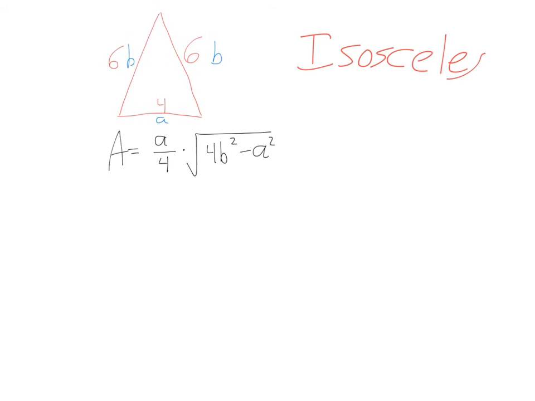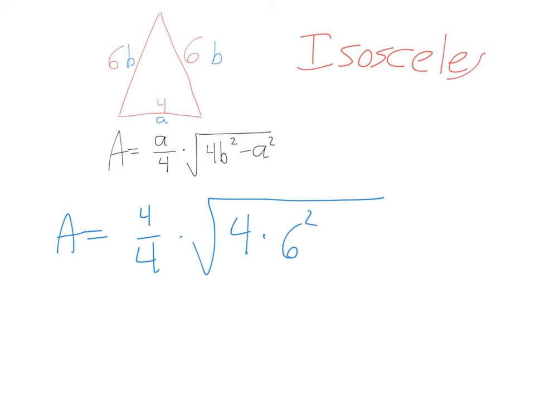Area equals A over 4, so I'm going to write 4 over 4, times the square root of 4 times B squared, and B was 6, so 6 squared, minus A squared, and A again was 4, so that's 4 squared.